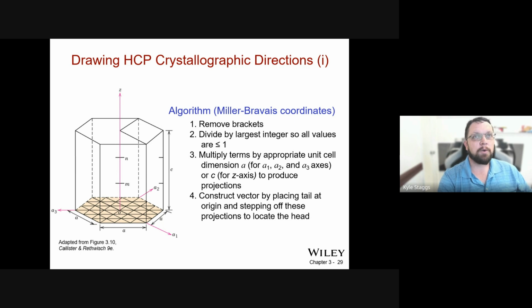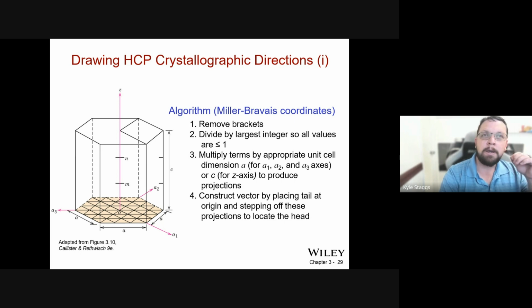Some of the things that you want to pay attention to are making sure that you're always dividing these values so that all values are less than 1 as you go through these steps, because if you forget to do that, it creates all sorts of issues.